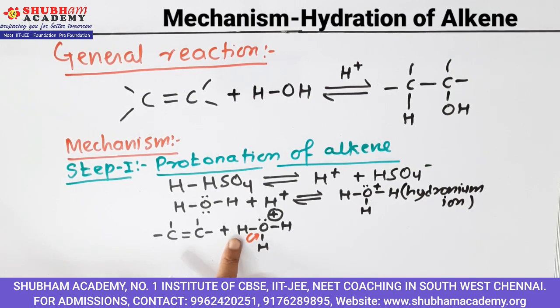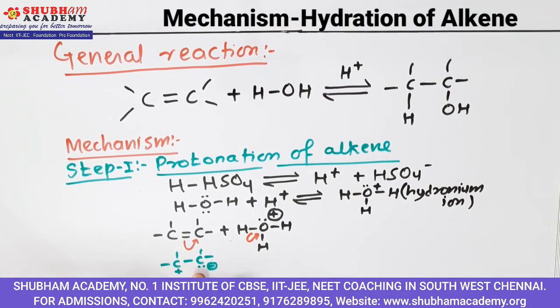You get H plus ion and H2O is separated out, right. This bond, suppose it breaks in this direction, so when this bond breaks in this direction, what you get? You get this type of structure. See, you get this way, C C, and here negative and here positive, right.